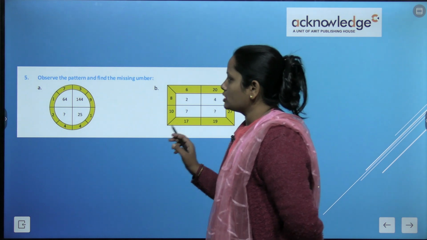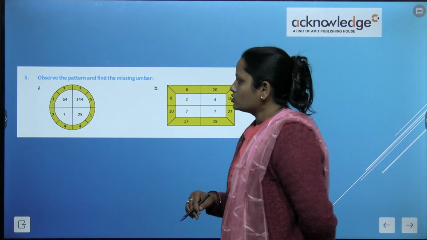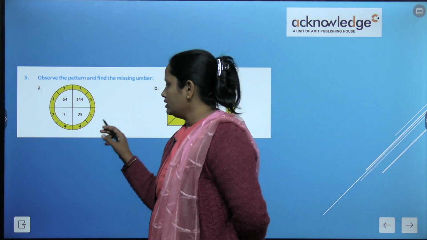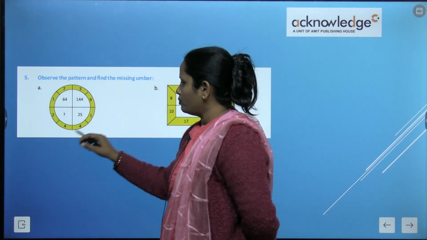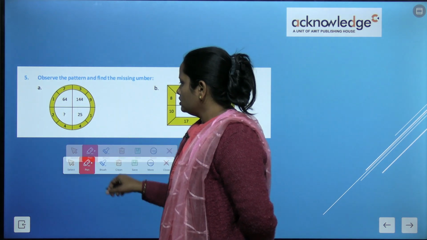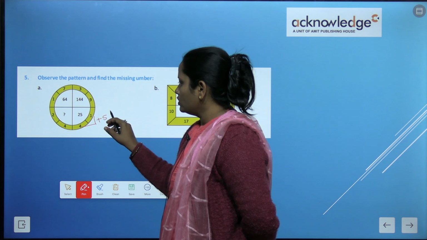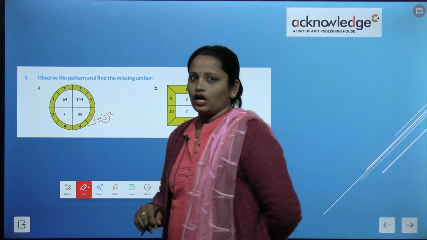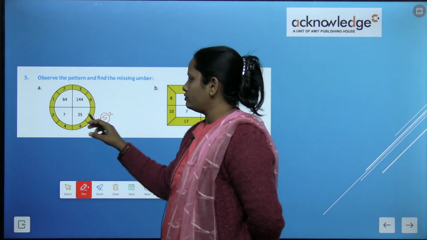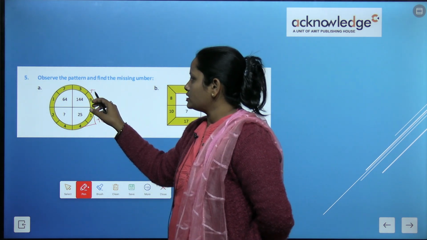Now let's move on to question number 5. Observe the pattern and fill in the missing numbers. So here you can see some numbers are given. It's 4 plus 1 is 5. So we have to take out the square of 5, which is 25. Similarly, 3 plus 9.